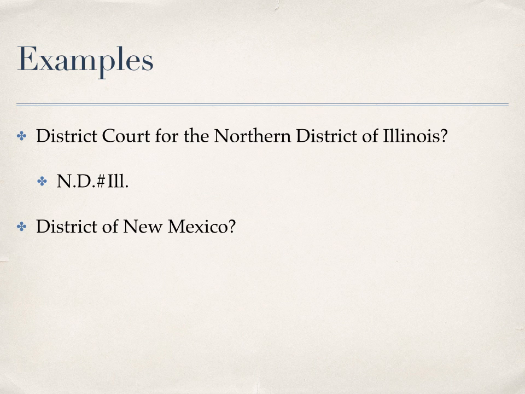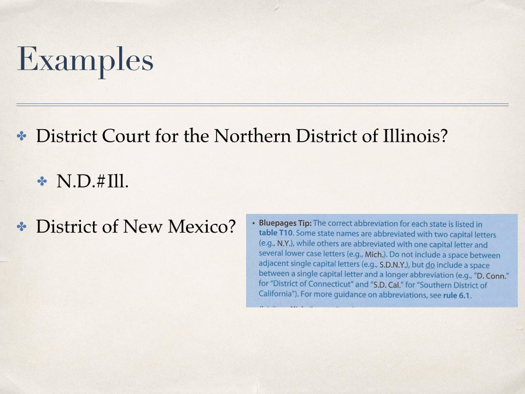But what should the spacing look like? Should there be a space between the D and the NM? Well, we can look at the Blue Pages tip right here and print in Blue Pages Rule 10.1.3 that we're going to close up single adjacent capitals. And this is actually just a summary of Blue Book spacing rules in 6.1a.